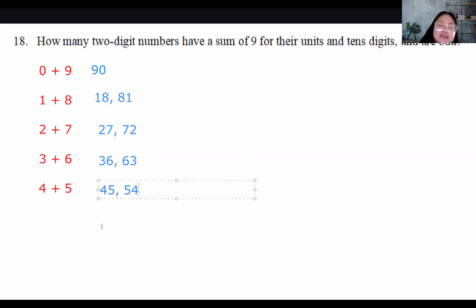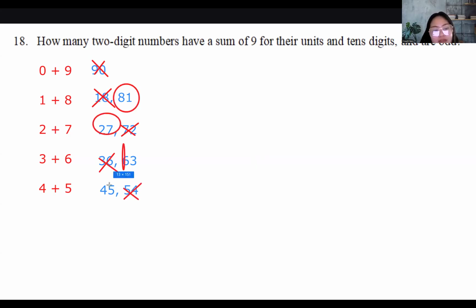So, basically, these are just all multiples of 9. Okay, 90 is even, 18 is even, 72 is even, 36 is even, and 54 is even. So how many numbers are left? You have 1, 2, 3, and then you have 4. And the answer should be 4. Okay?